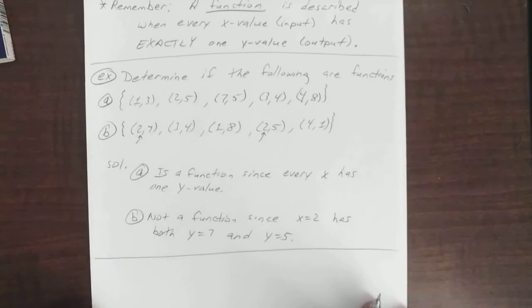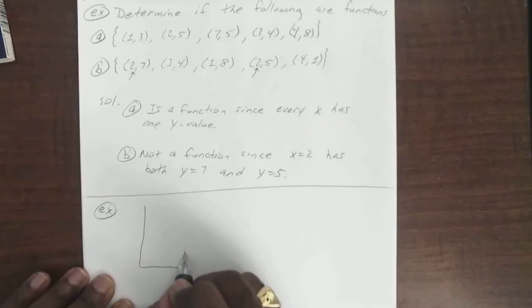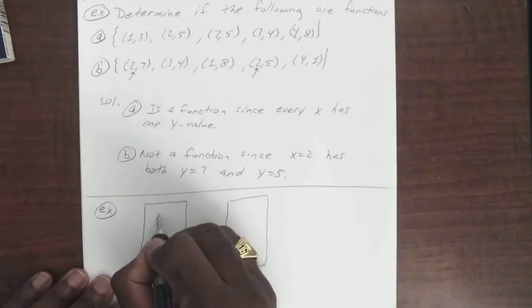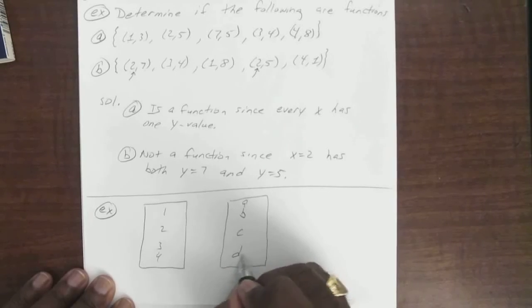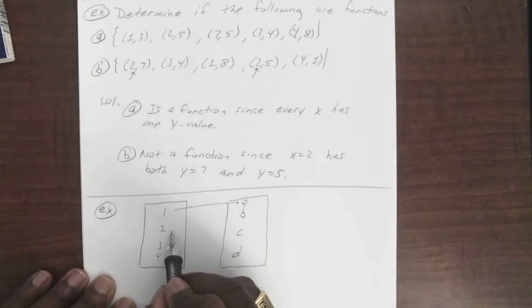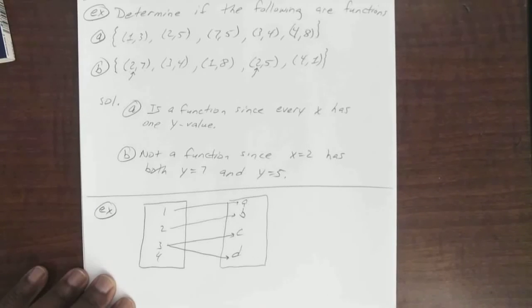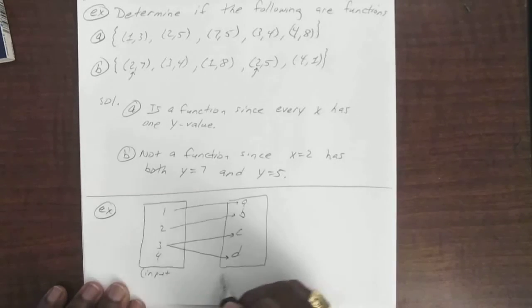Okay, or if we decide to draw this, so you have 1, 2, 3, 4, A, B, C, and D. Okay, you can tell that one's not a function because your input has more than one output.